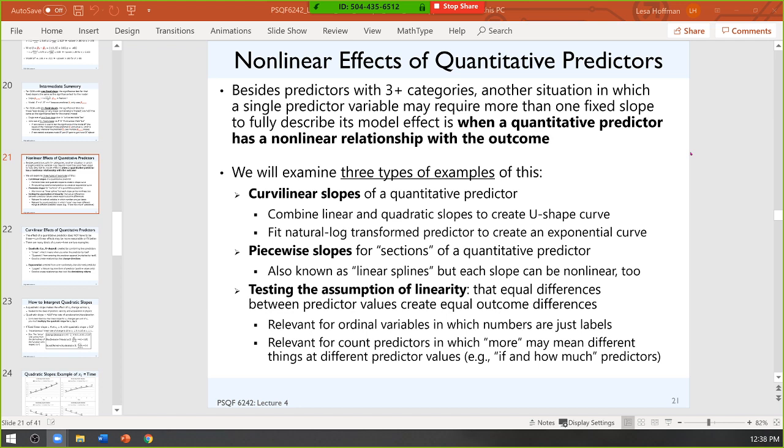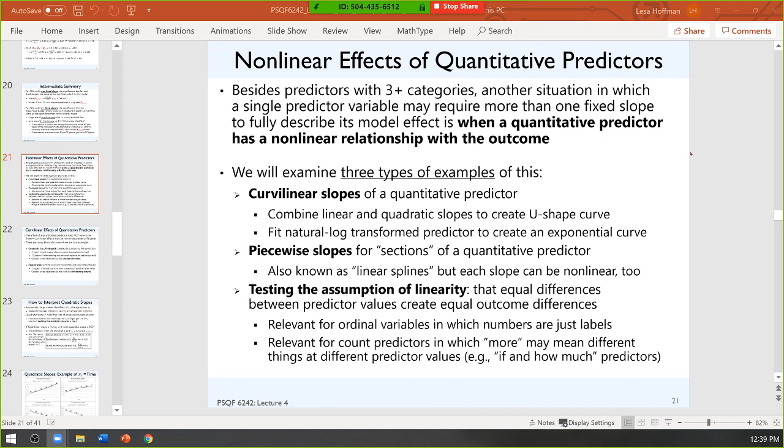The same thing is true of a Spearman correlation. It's a linear relationship between the rank orders, but not all quantitative variables would be expected to have linear relationships with each other. So what we're talking about now is other kinds of relationships that a quantitative predictor can have in predicting a quantitative outcome.